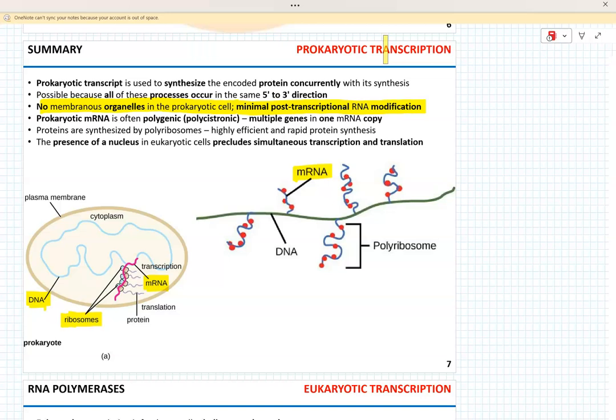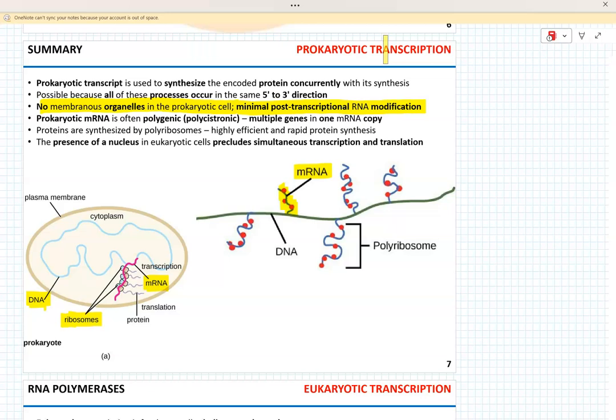In other words, this mRNA transcript that I highlighted here is not yet completely synthesized, but it's already bound by the ribosomes, which start producing protein almost immediately.